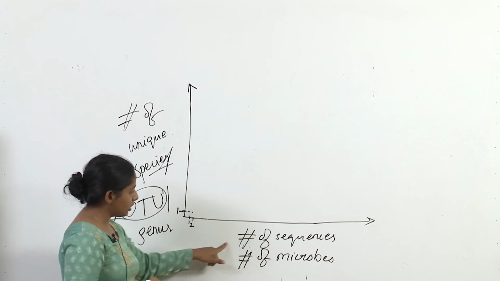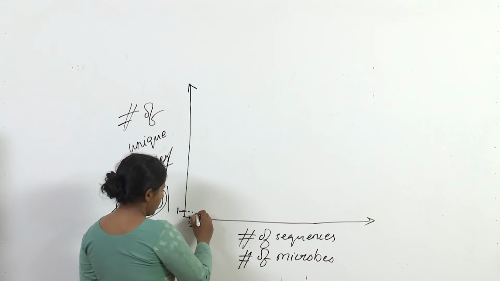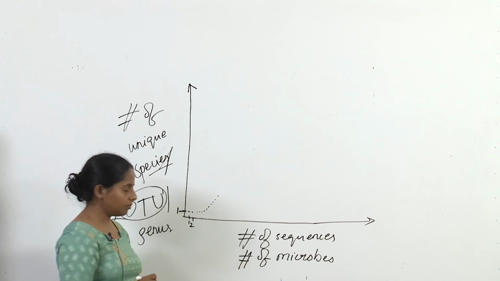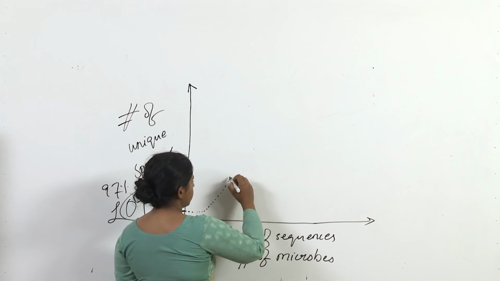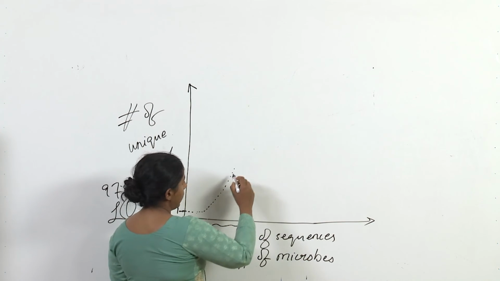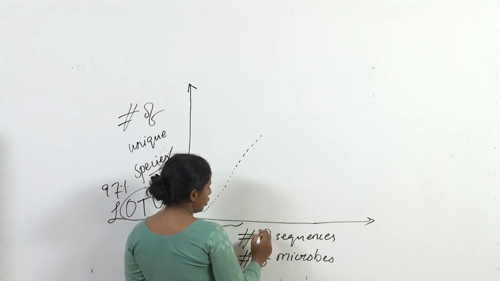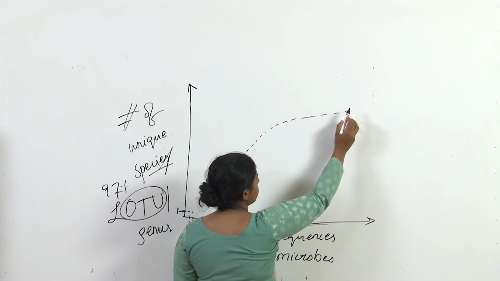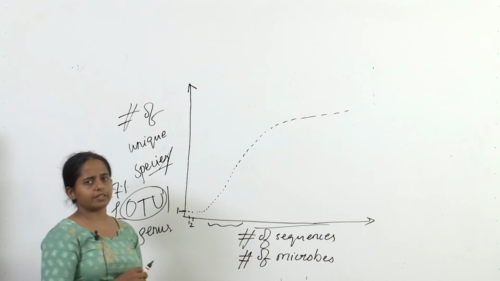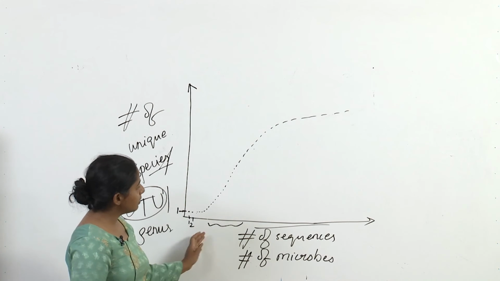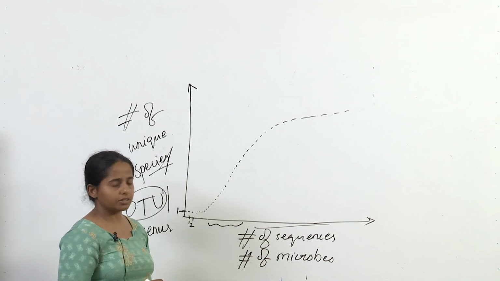And then as I keep picking out more sequences or more microbes, I start getting more and more unique sequences, and here notice I am getting a lot of unique sequences, and then after a while, no matter how many more I pull, I will stop getting more unique sequences because all the unique sequences, or most of them at least, have already been seen. So it will plateau, and this is how a typical collector's curve looks.